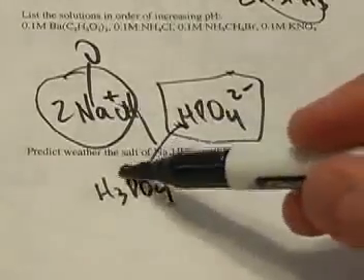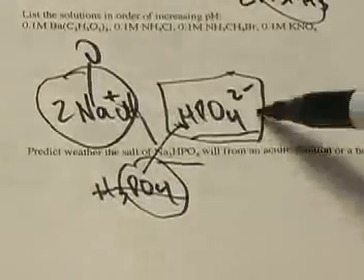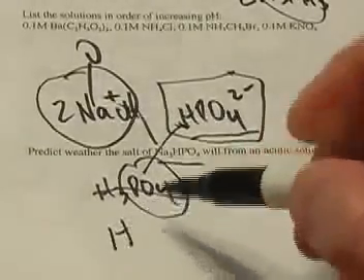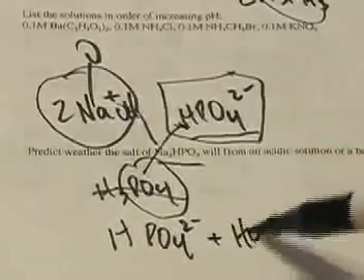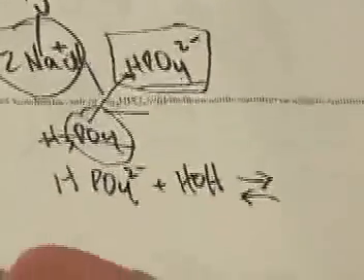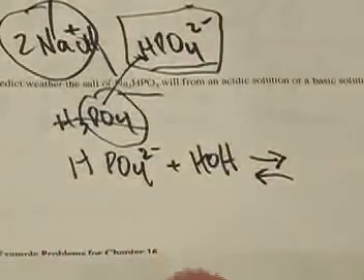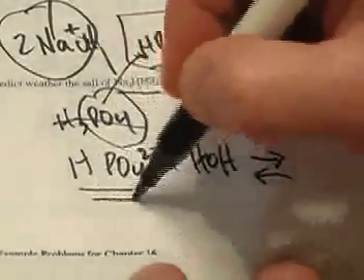Well, what is HPO4 2 minus going to do coming from a weak acid? Well, it wants to attach itself to hydrogen ions because it's only weakly acidic, and therefore it's rather basic.